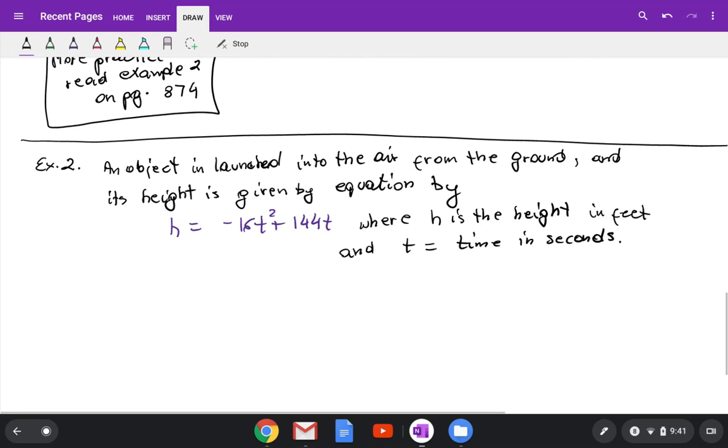So what they asking you to do, they asking you to find the time required the object to hit the ground.